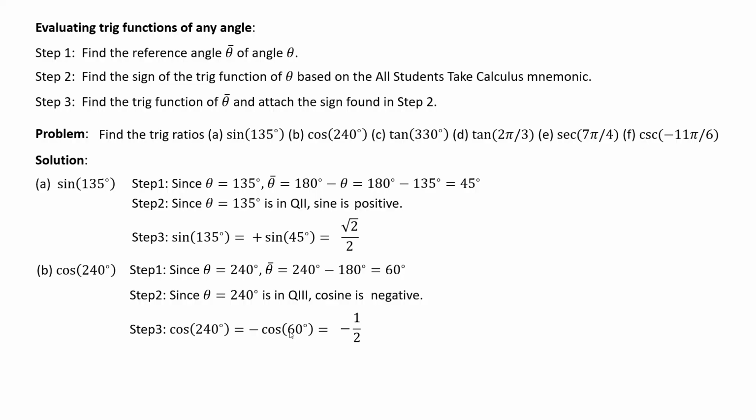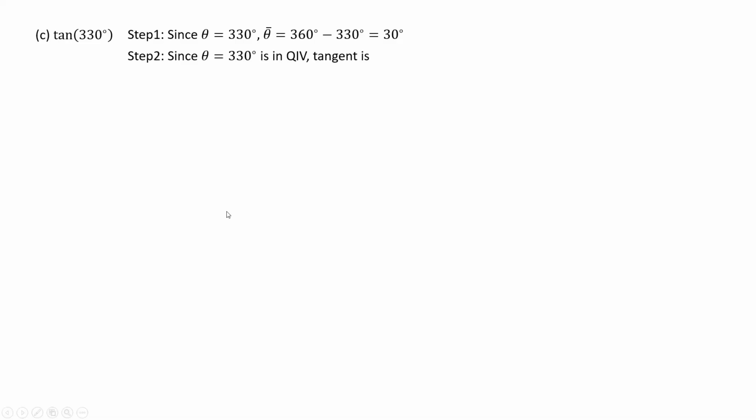Is this making sense, folks? Cool. C. Tangent of 330 degrees. 330 is in quadrant 4. So 360 minus 330 is how we find the reference angle, which turns out to be 30 degrees. Step 2. Fourth quadrant, tangent is negative. All students take calculus. C is cosine. Cosine is positive and its reciprocal.